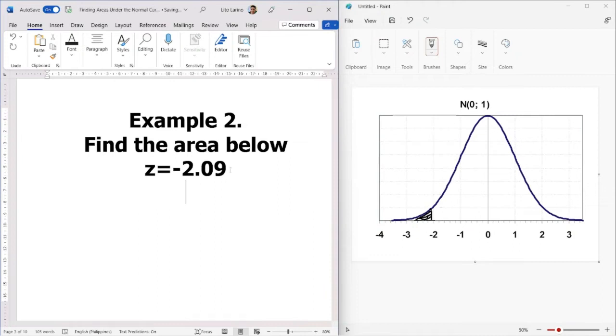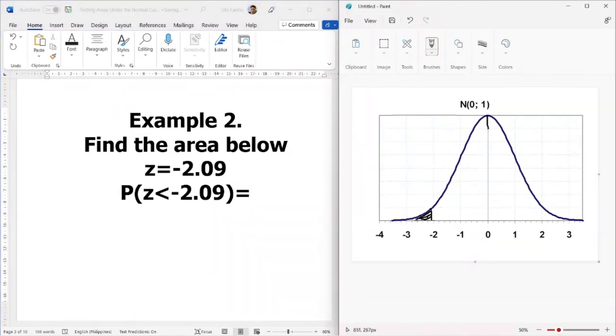Now, to do that, let us first denote this. P is, we are going to determine the area below the given z-score, negative 2.09. And again, the entire area is 100% or 1. Half of it is 0.5000.